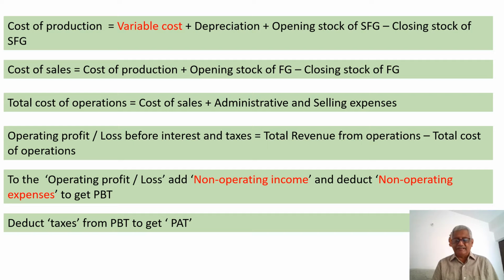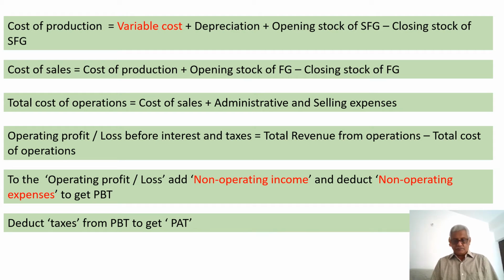What is meant by variable cost? Variable cost means any expenditure which increases or decreases proportionally to the production. Whenever the production increases, these costs go up. Whenever the production decreases, these costs come down.